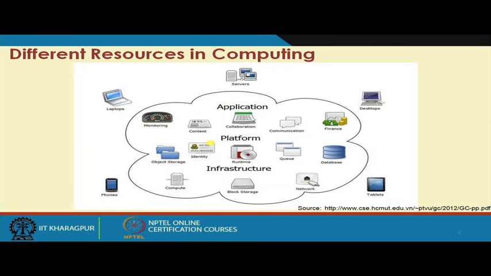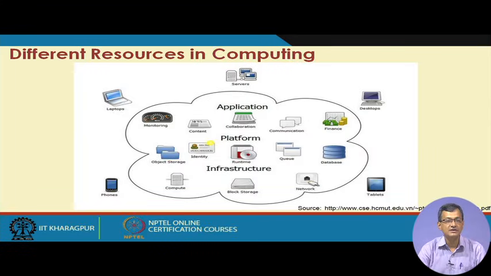So, if we look at different types of resources in a typical cloud computing environment, as we have mentioned, we have infrastructure, right. So, basic infrastructure where there is compute resource, storage resource, networking resource or related resources. There is a platform which is above the infrastructure, where infrastructure as a service is the major thing, then we have platform as a service, and at the end we have the application as the resource, right.